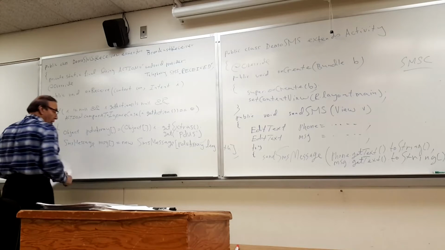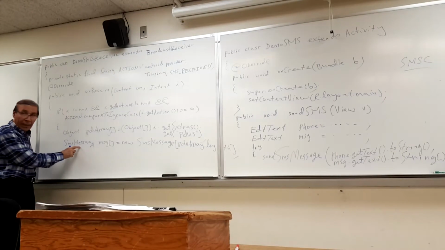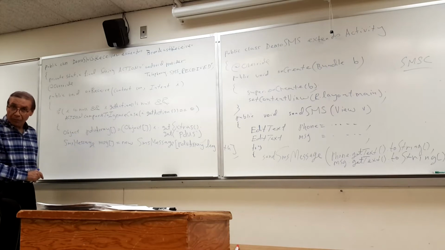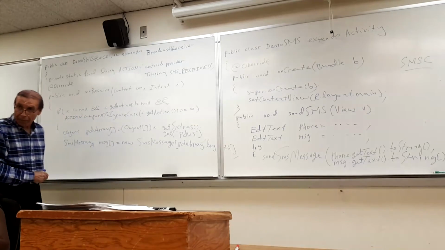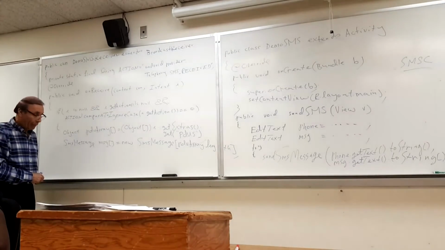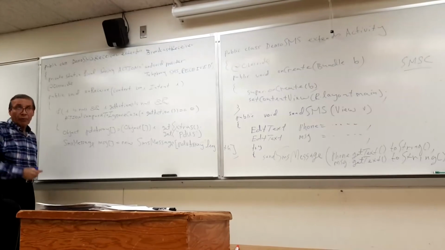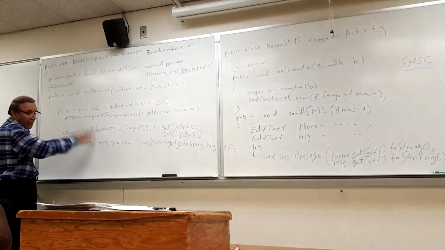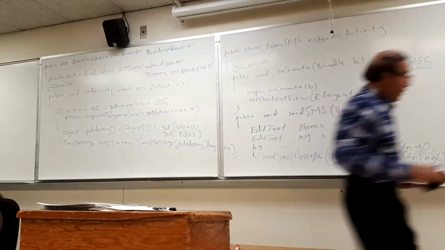I am creating a new array. The type of this array is SMS message, and the size of it would be the size of whatever we got. We got 10 lines, so this would be 10. Everything that we get from SMS is gonna go to here, and after that, we're gonna loop over this and do some of the things. Now let's continue over here.